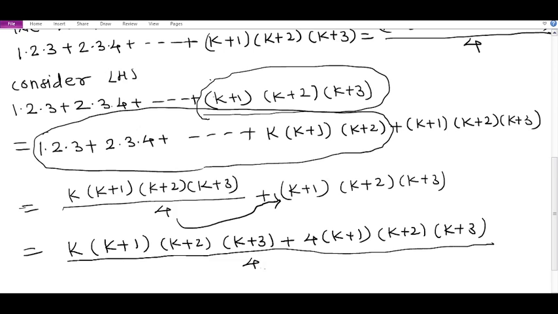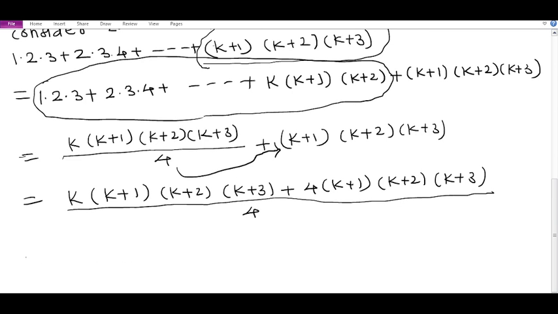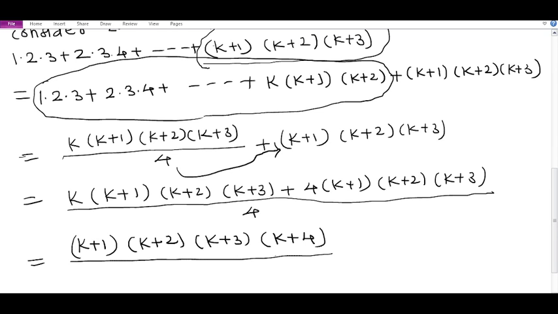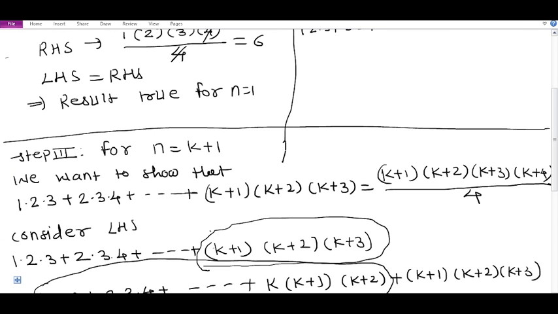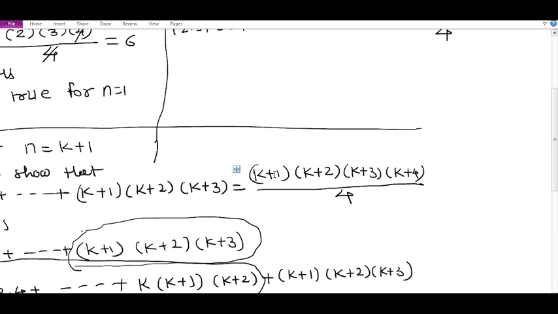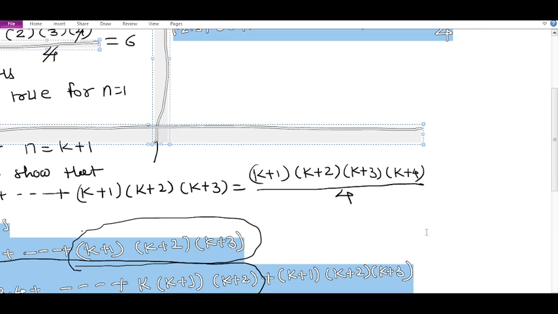Now simplify the numerator. In the numerator there are 3 common terms, so take them outside: k plus 1, k plus 2 and k plus 3. Inside the bracket it is k plus 4, divided by 4, and this is nothing but the RHS. This is what we want to show.